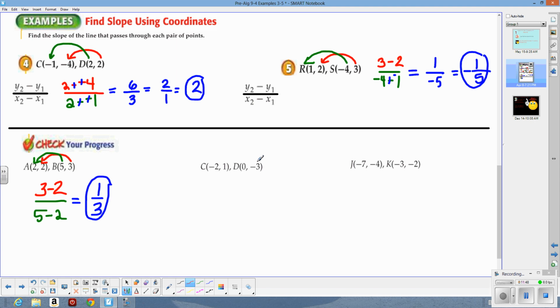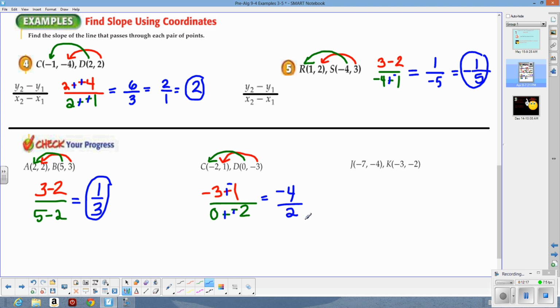In our next example, change in the y's, -3 minus 1, over change in the x's, 0 minus -2. Now do the math. -3 take away 1 is -4, and 0 minus -2 is 2.